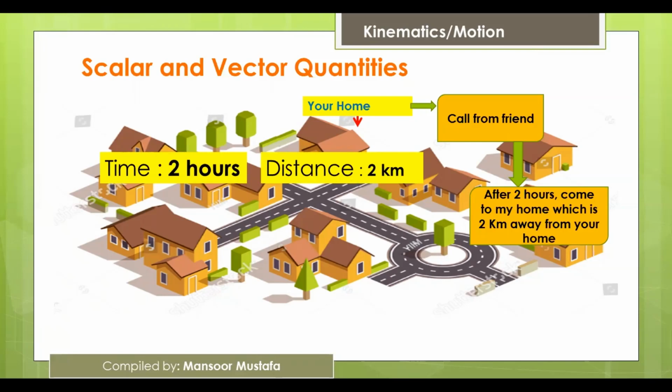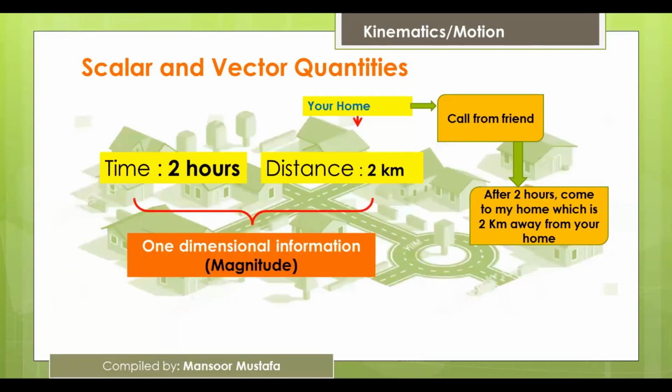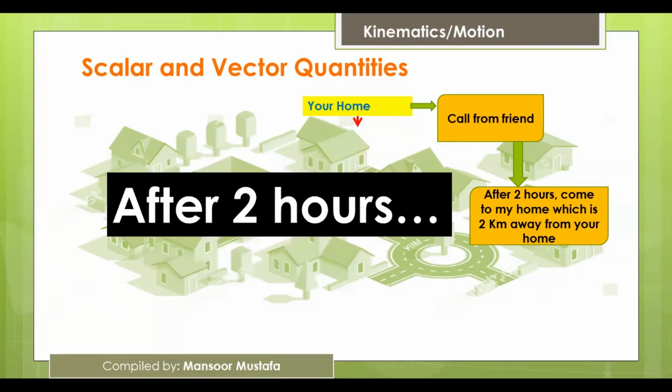Now this information which your friend has provided to you is one dimensional information. It means both time and distance are one dimensional information, which only include the magnitude. Now let's see what happens after 2 hours. As planned, now you have to go to your friend's home.